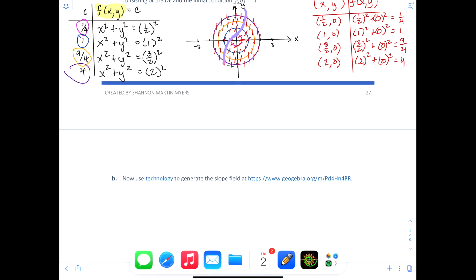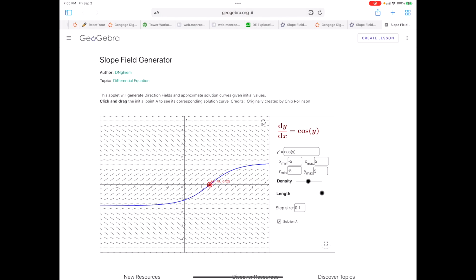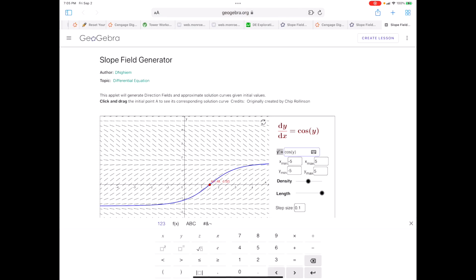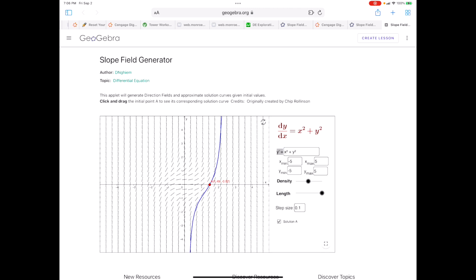It's somebody who did a GeoGebra slope field. Here we go. And so here, let's go ahead and take a look at ours. And ours was what? x squared plus y squared, right? So we're going to have x squared plus y squared. Enter. And take a look.